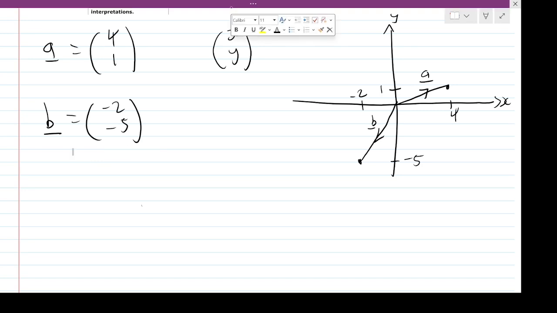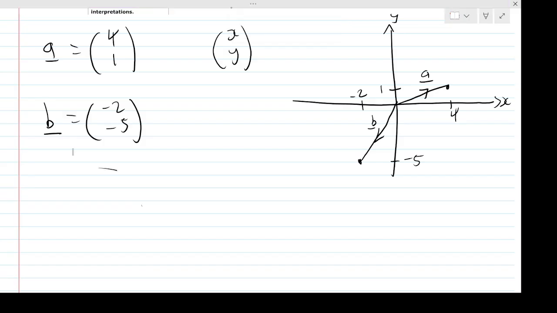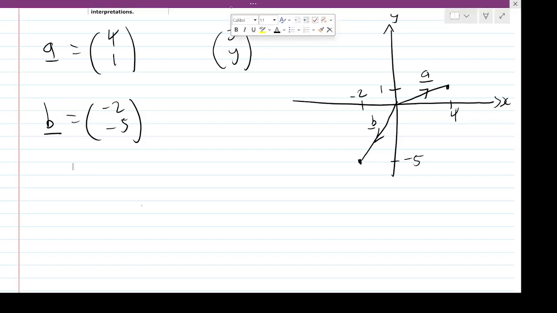The problem, though, is that obviously we know what it means, but it's not entirely formal. There's not really a precise definition or expression of what this means as a vector. All we know is that the 4, for example, for A, represents the x part and the 1 represents the y part.